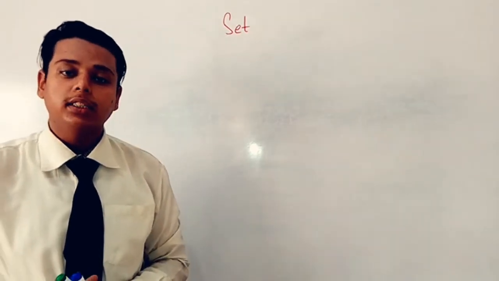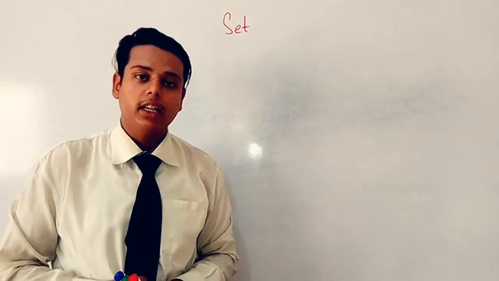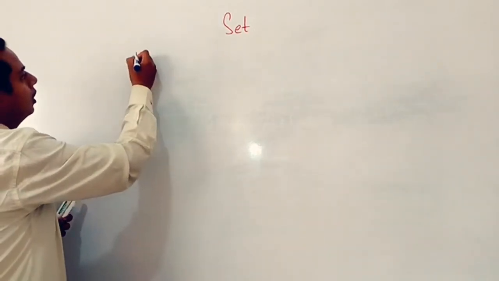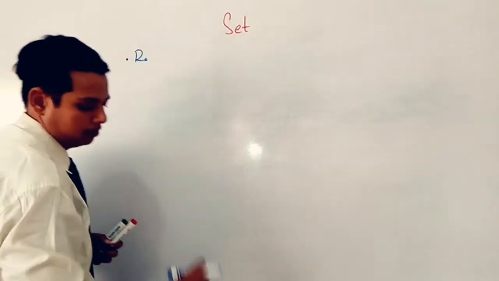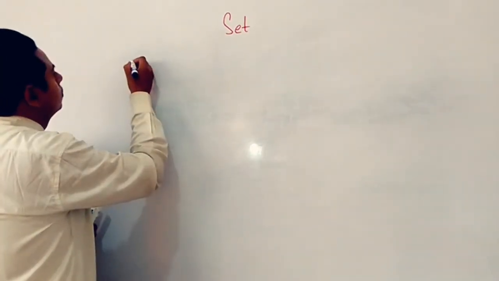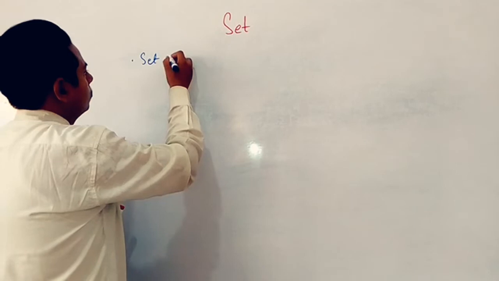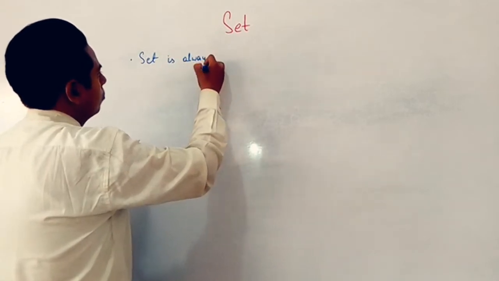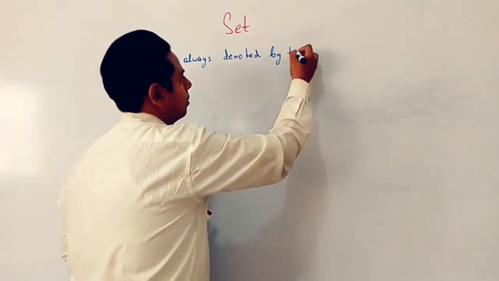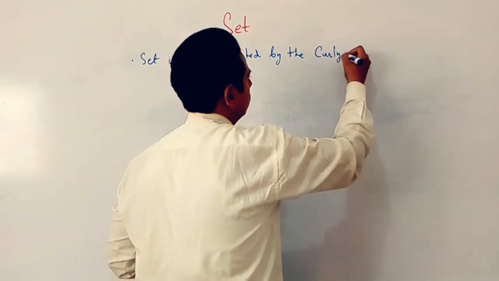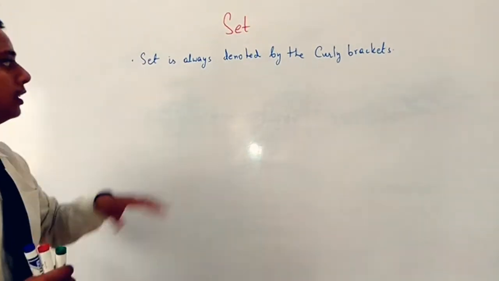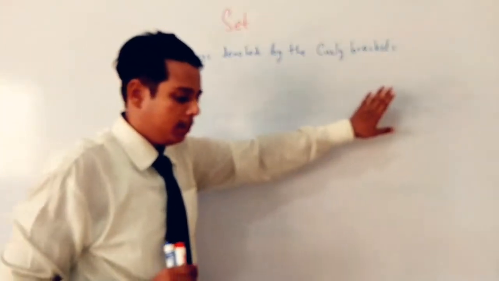The first and main point is that we always represent, okay, a set is always denoted by the curly brackets.